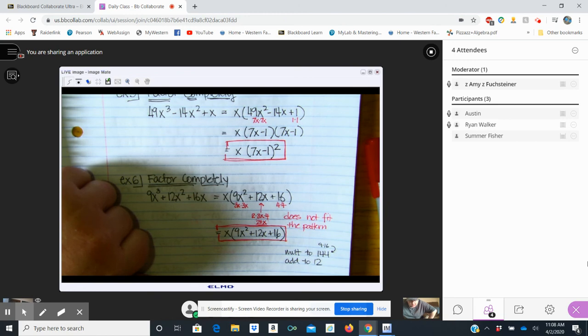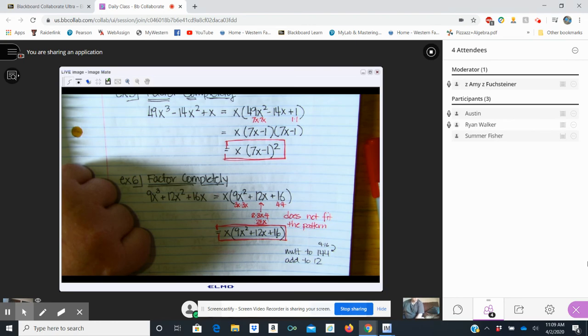And then the first day, when it was just x squared plus 12x plus 16, we were trying to find numbers that add to 12 but when you multiply them equal c. Well, it's still a times c, it's just that your a is 1.